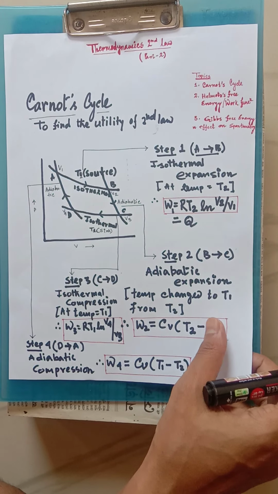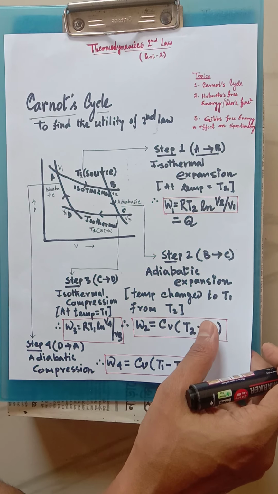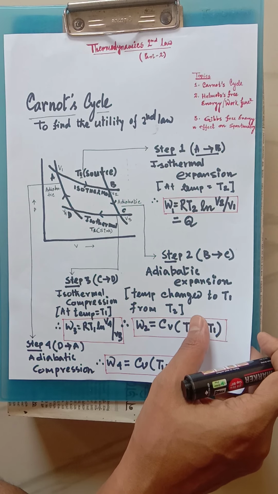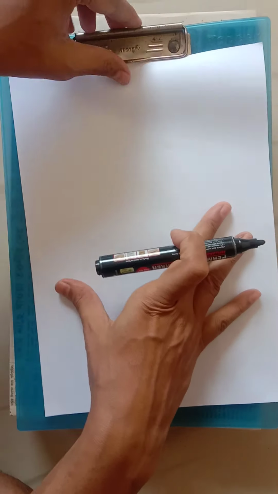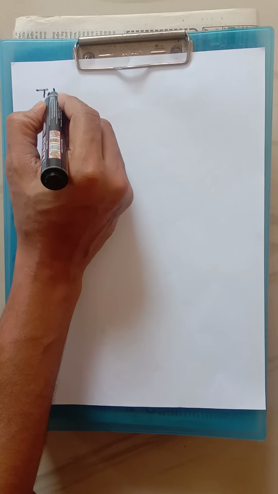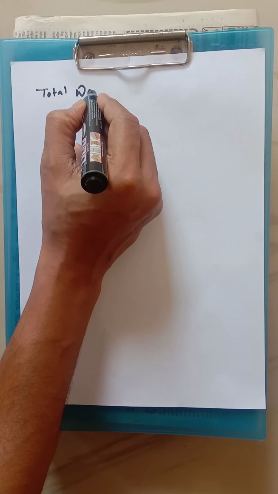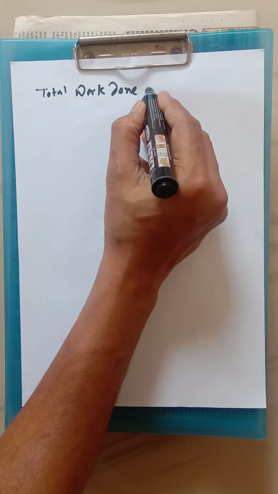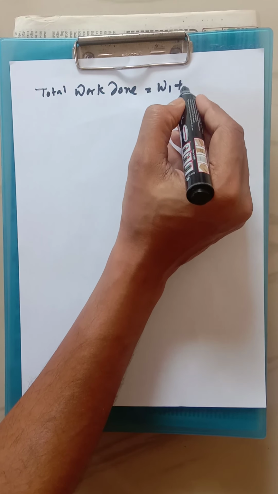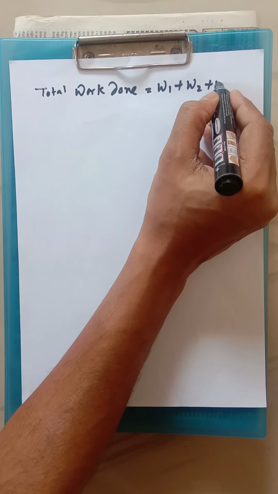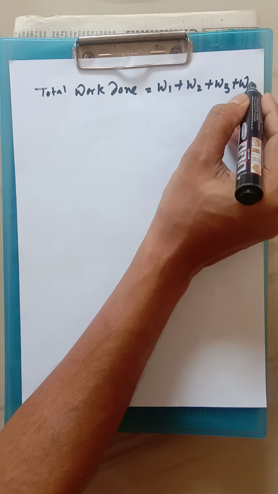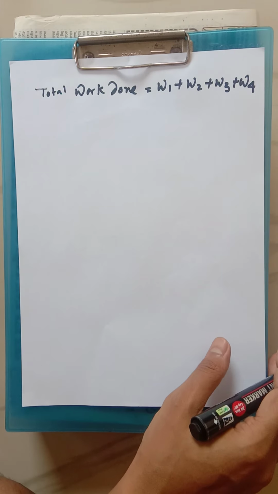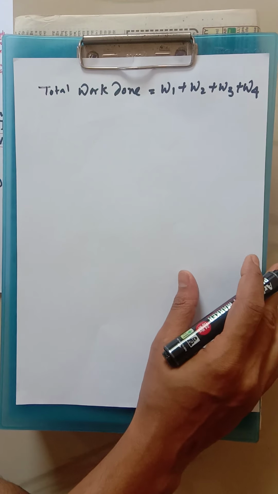Now we have to calculate the total work done. How can we calculate it? It's very simple: W1 plus W2 plus W3 plus W4. Over the whole cycle, the total work done can be calculated in this manner.